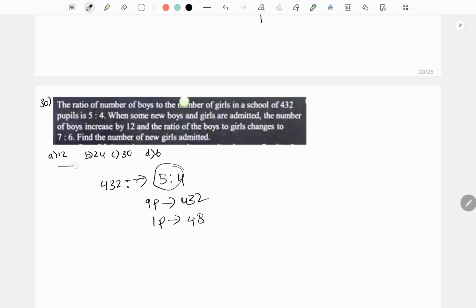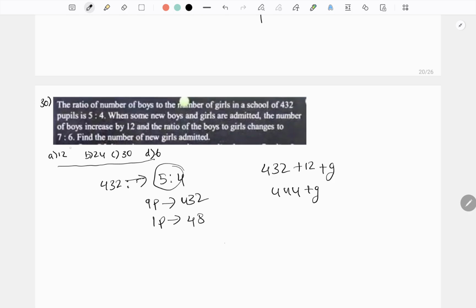See, for this particular question I have given the options. The reason is that it becomes very easy if you do it like this. Now 432, when the number of boys increases by 12, and girls they didn't give. So finally the total becomes 444 plus girls.